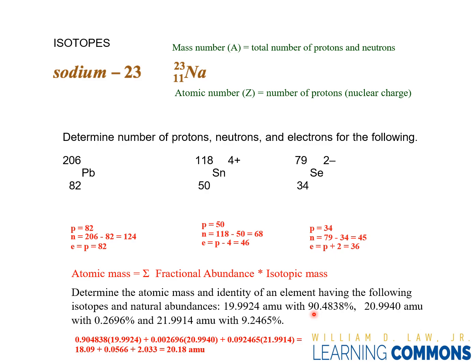After I add the multiplied abundances together, I got the result 20.118 atomic mass to solve this problem.